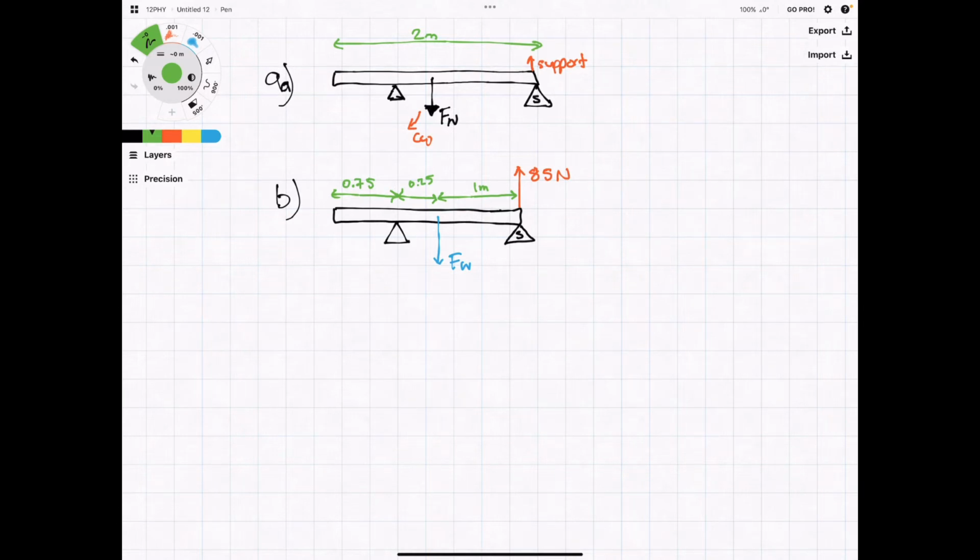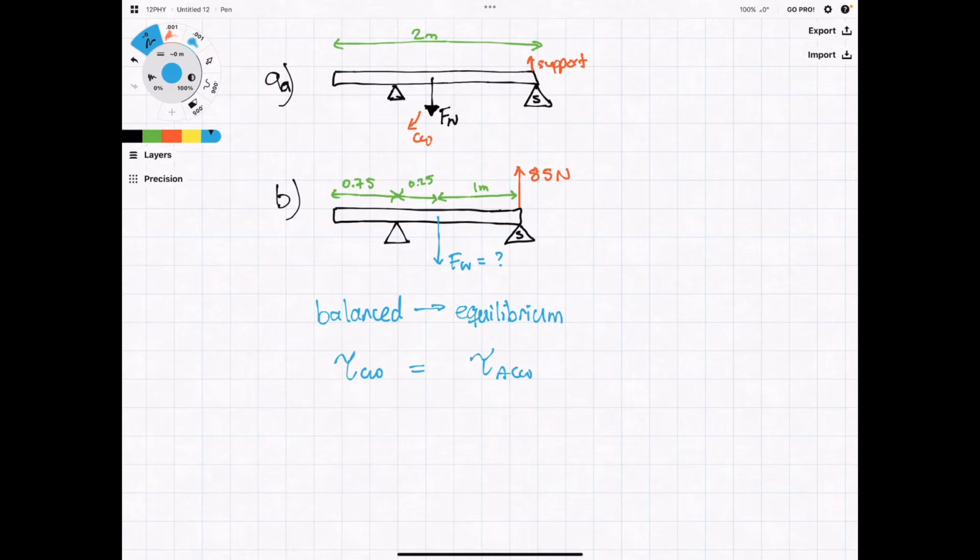And the question reads, what are we actually trying to do? Determine the weight force. Weight force is our unknown. Now it says calculate, it's got to be balanced. And that word balanced means we're in equilibrium, which means torque clockwise equals torque anti-clockwise.